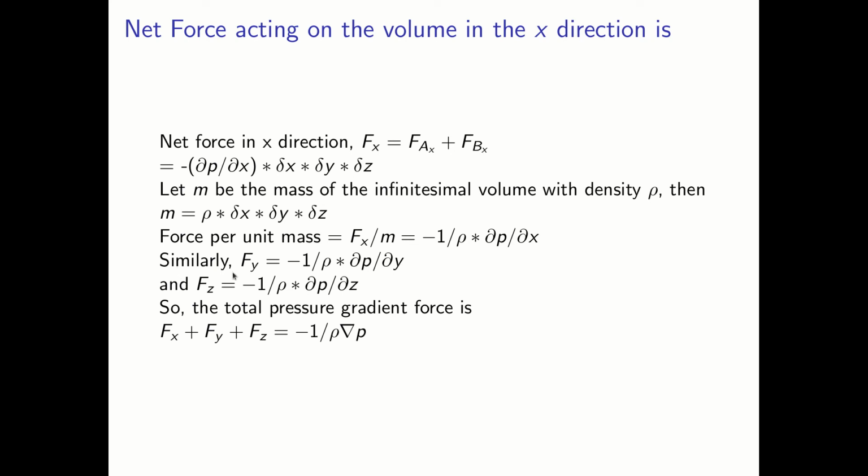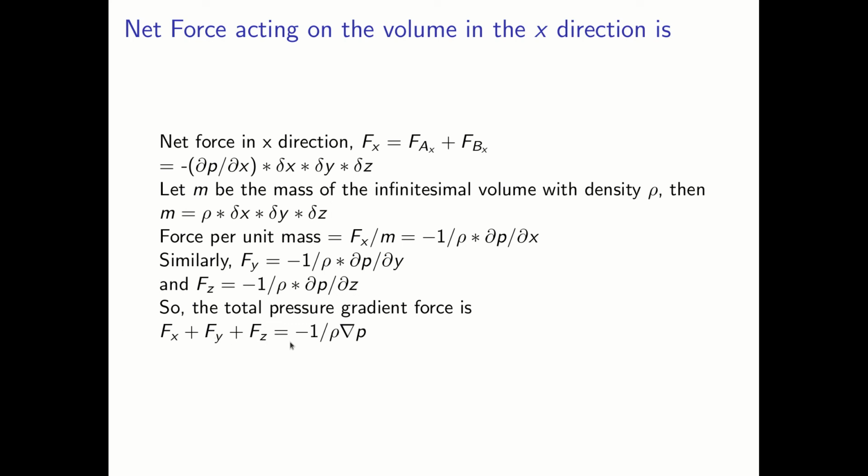We can similarly have force in y direction and z direction as minus 1 by rho del P by del y and minus 1 by rho del P by del z. We can take a vector sum of these three forces. So Fx plus Fy plus Fz.